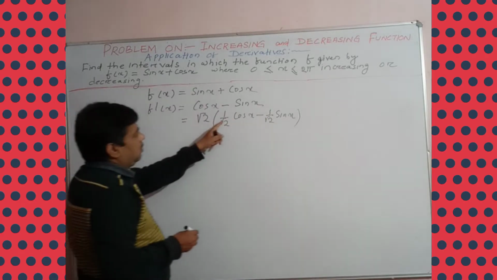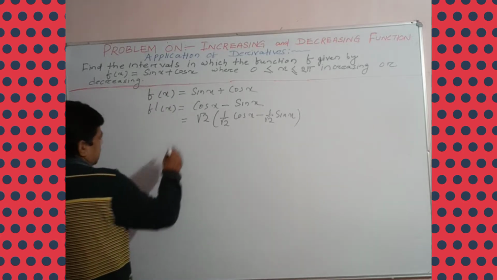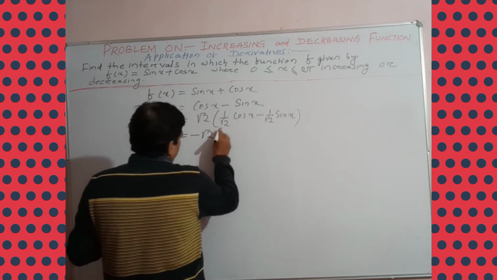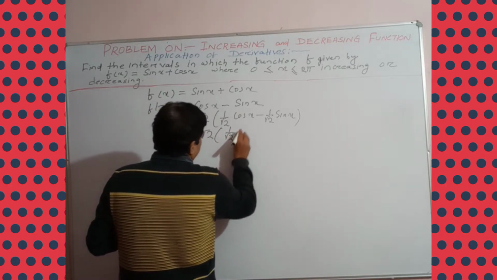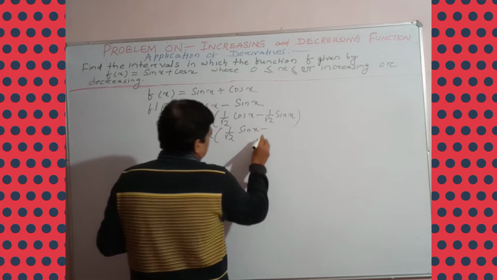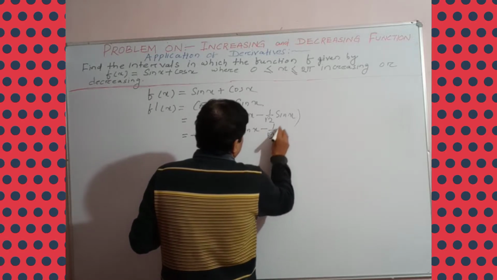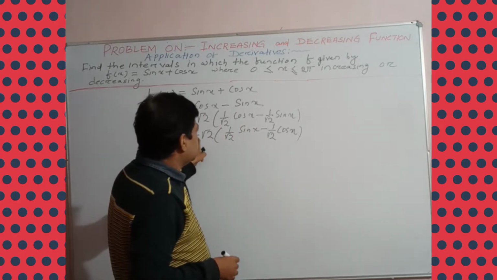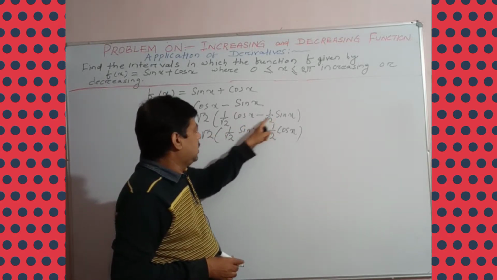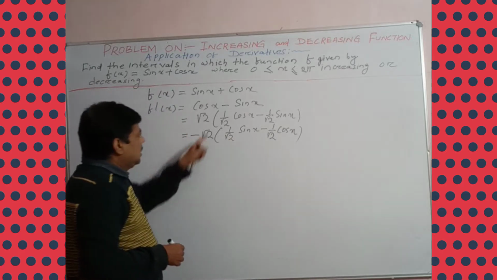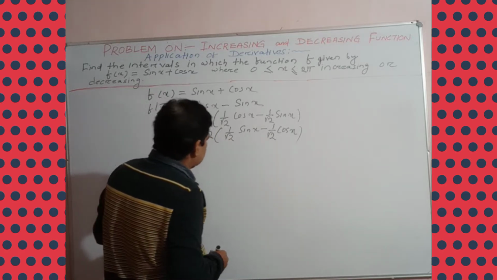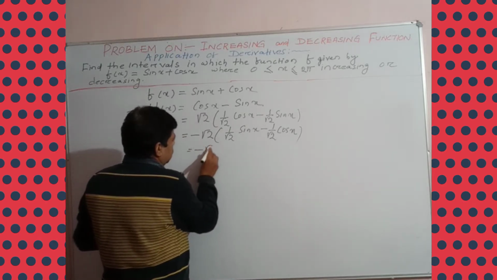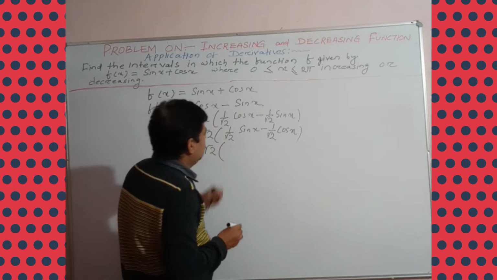Now let us take common minus root 2: minus root 2 times (1 by root 2 sin x minus 1 by root 2 cos x). If I bring the minus sign out, the minus 1 by root 2 sin x becomes plus 1 by root 2 sin x, and the plus 1 by root 2 cos x becomes minus 1 by root 2 cos x.